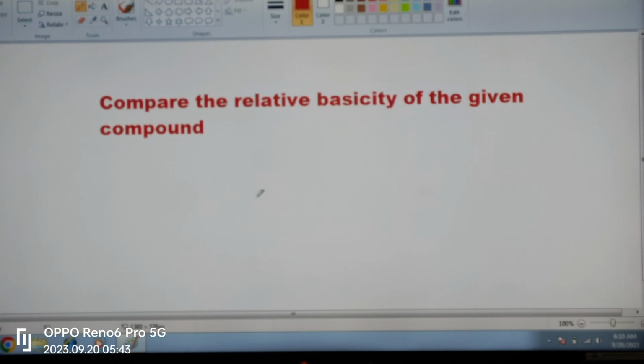So the compounds are the cyclic amide type compound. So this is a cyclic amide, double bond O, and here is one methyl group.